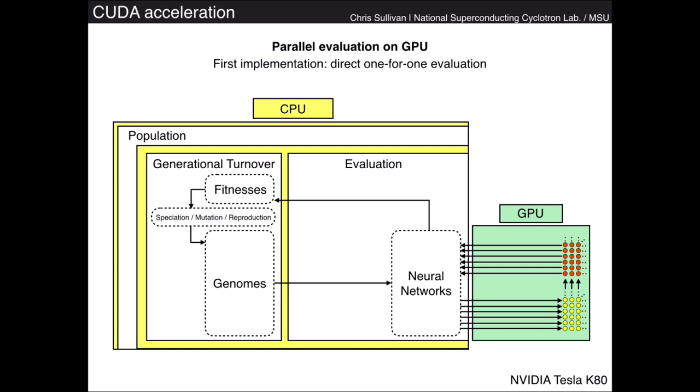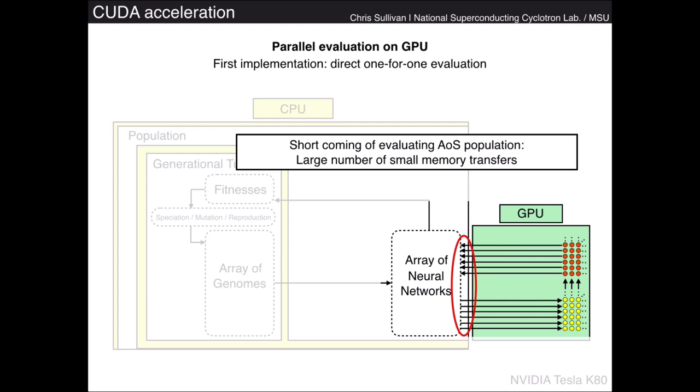One significant issue that I ran into, in addition to the control divergence, was the memory I/O between the host and the device. That has to do with the fact that each of these are stored as arrays of structures, or arrays of genomes and arrays of neural networks. The shortcoming of evaluating an array of structs population, that is an array of neural networks, is that a large number of small memory transfers have to happen.